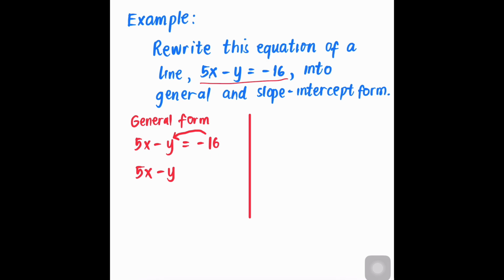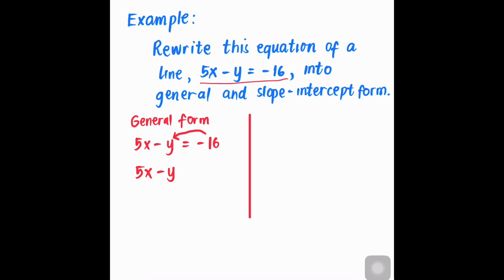So for the rule for simplifying or solving equations, whenever a term jumps over the equal sign, I meant changing position, for example, moving from left to right or right to left, you need to change the sign to the opposite.